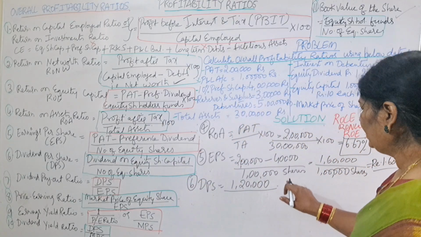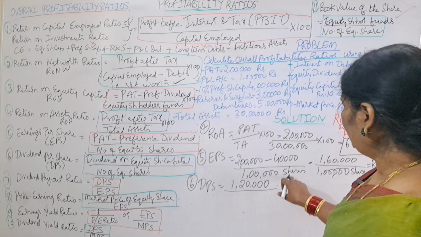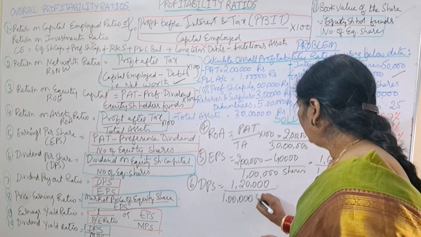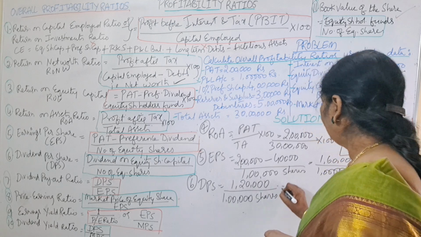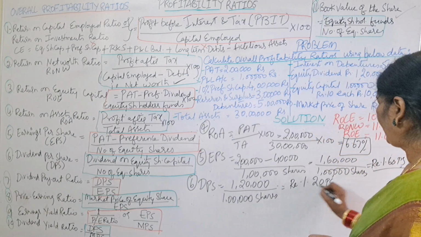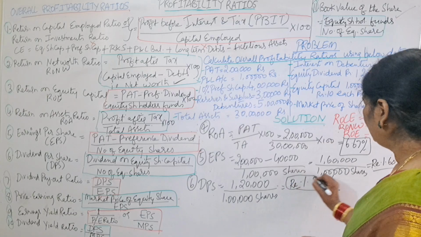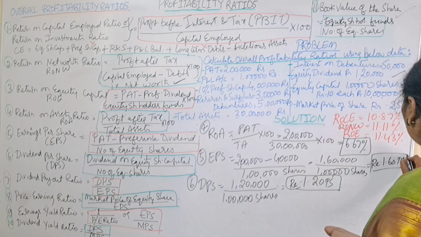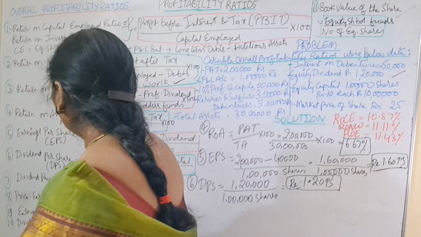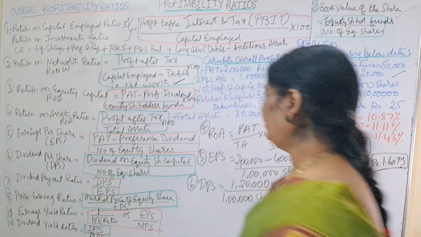So number of equity shares are how many? 1 lakh shares. So for each share, how much of dividend we can get? 1 rupee 20 paisa. So this is what? This is DPS. This is our EPS. Now we'll come to seventh one. What is seventh one? Dividend payout ratio.